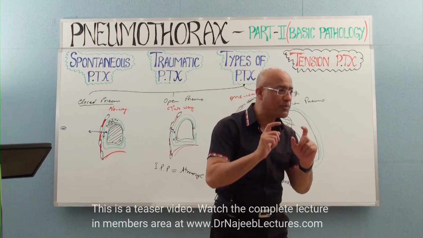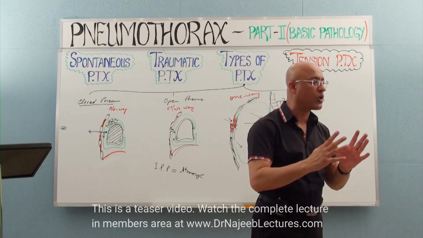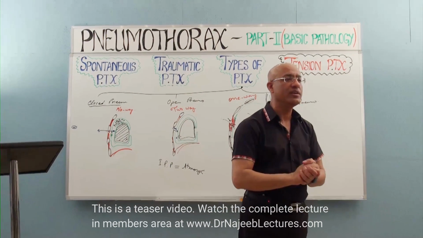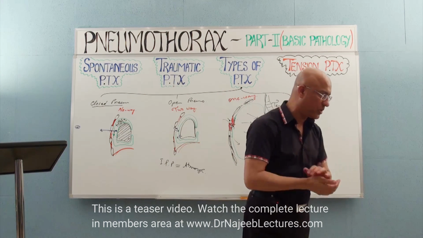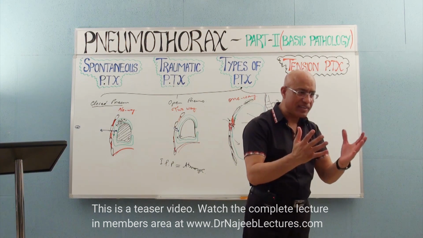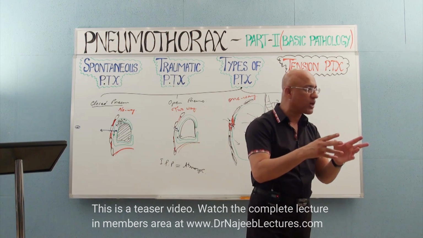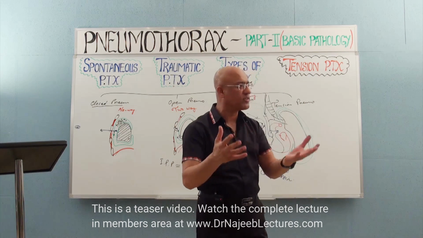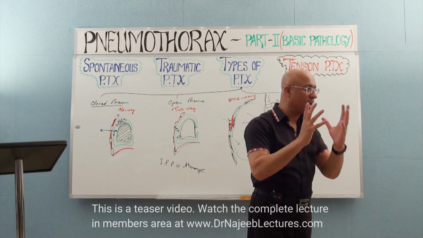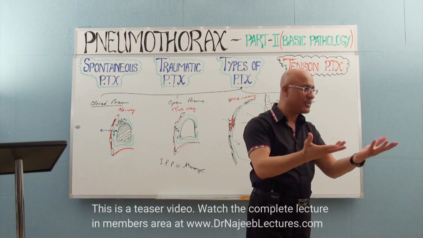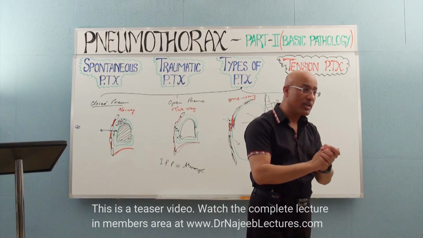Remember, any type of pneumothorax can convert into tension pneumothorax. It means tension pneumothorax is really a complication of pneumothorax. It's a very dangerous complication, because pneumothorax is simply air or gas in the pleural cavity. But if this air or gas becomes under high pressure, then it is tension pneumothorax.